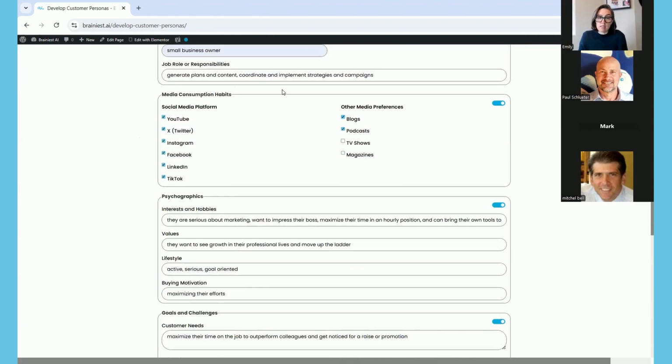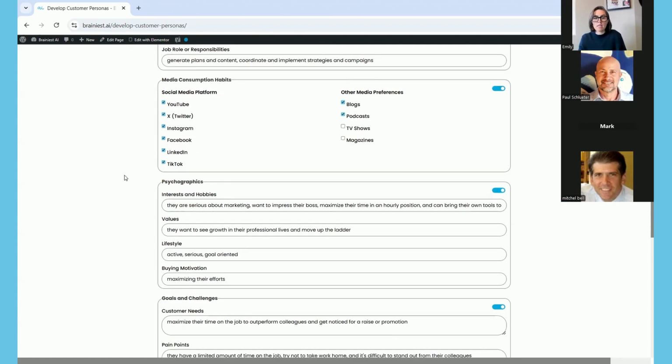Media consumption habits. This gives you some sense of the platforms they're on. This is where you do want to consider maybe what an age range vaguely in your head of this person might be like. Same goes with other media preferences, because we do know that there are some differences generationally. You can alternatively just highlight all of them if you think age doesn't matter and some section of your audience is using those platforms.